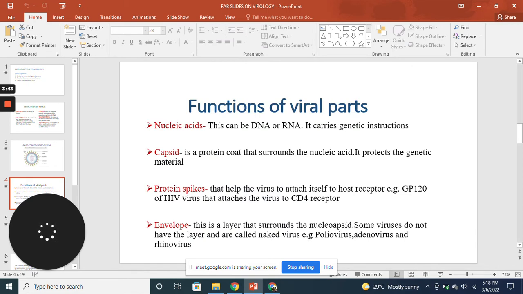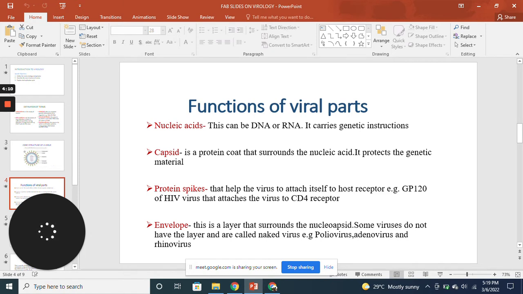So I want us to look at the functions of the viral parts. Who can give us the function of the nucleic acid? Good. The nucleic acid can either be DNA or RNA, as you've said, and the function is that it carries genetic instructions.